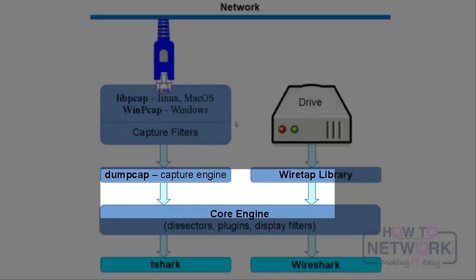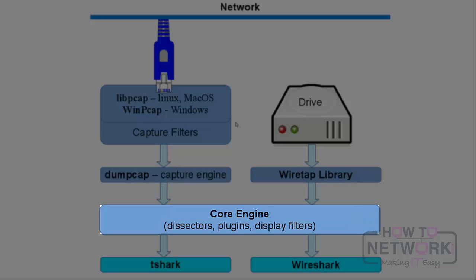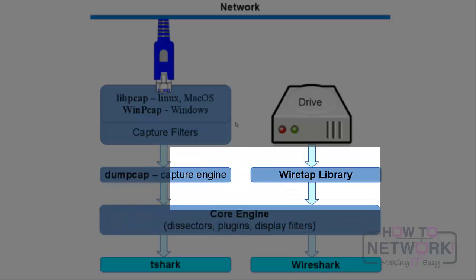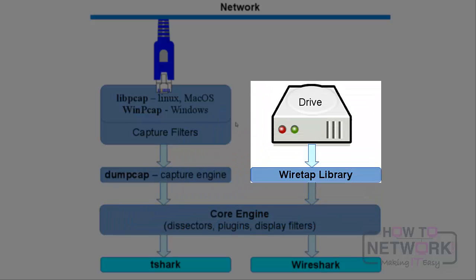The capture engine passes frames to the core engine, which is the heart of Wireshark. There are thousands of dissectors which break up frames into layers and fields, helping us perform analysis rather than deciphering hexadecimal dumps of the traffic. The Wiretap library reads capture files from a drive rather than the network, and it supports almost any possible capture file format available.